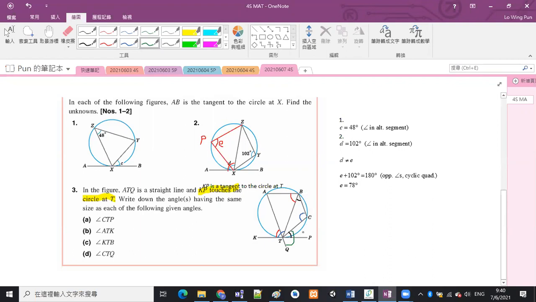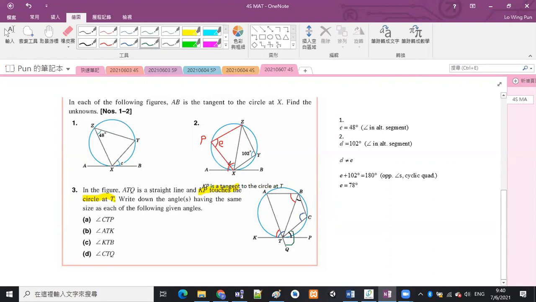Right? So which angle will be equal to this angle CTQ? This is very simple. Can you find that ABCT is actually a cyclic quadrilateral of this circle?